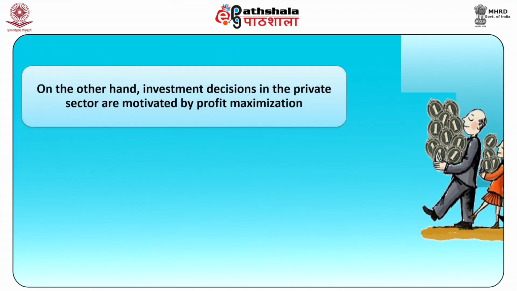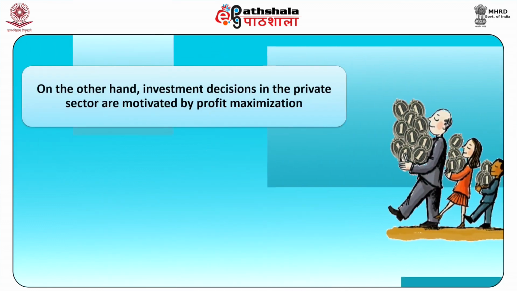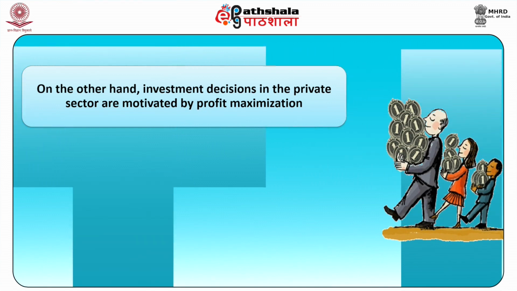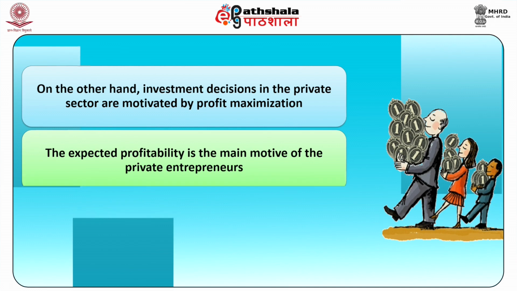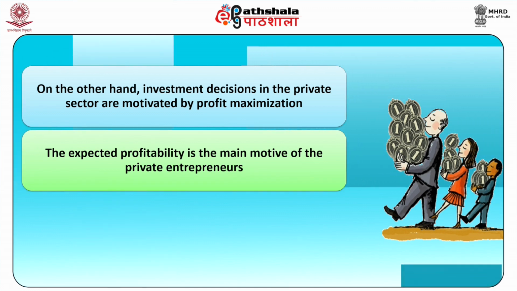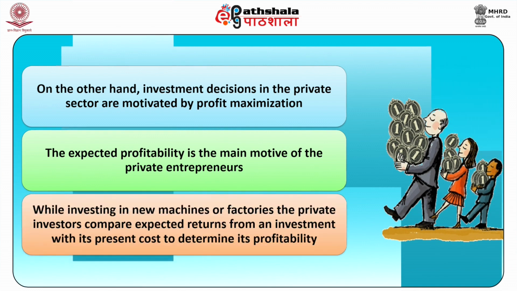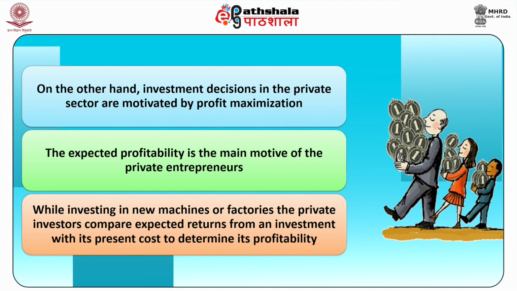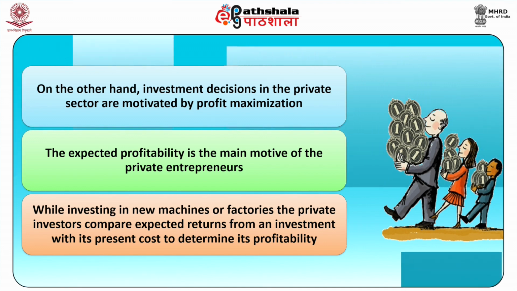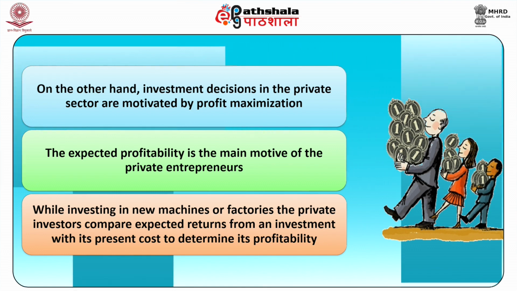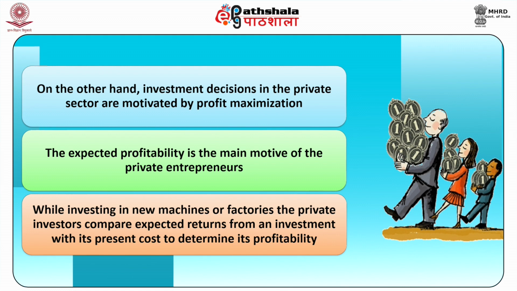On the other hand, investment decisions in the private sector are motivated by profit maximization. The expected profitability is the main motive of the private entrepreneurs. While investing in new machines or factories, the private investors compare expected returns from an investment with its present cost to determine its profitability.